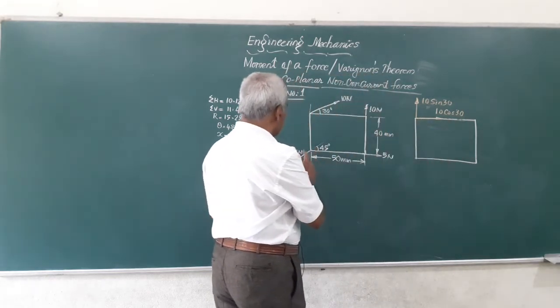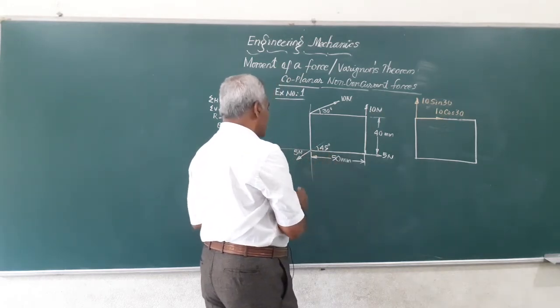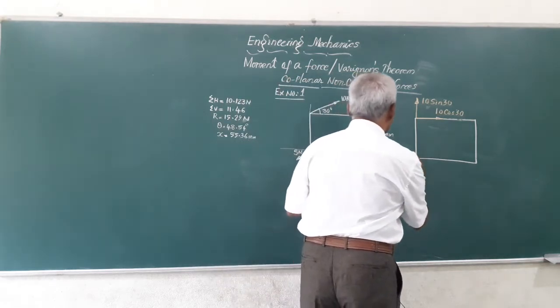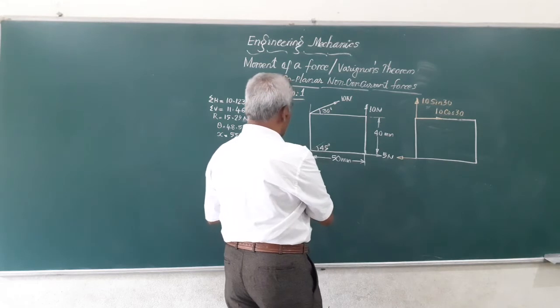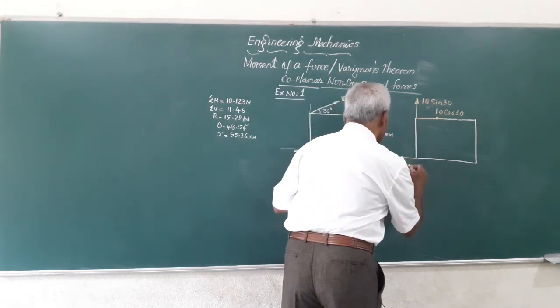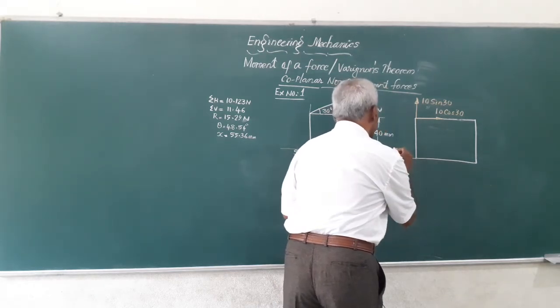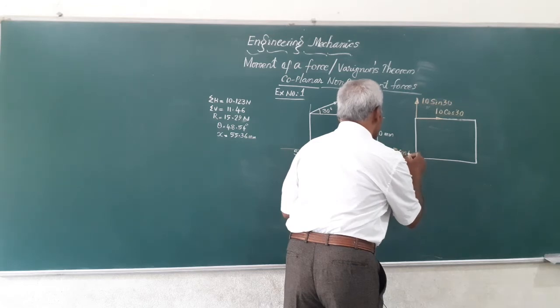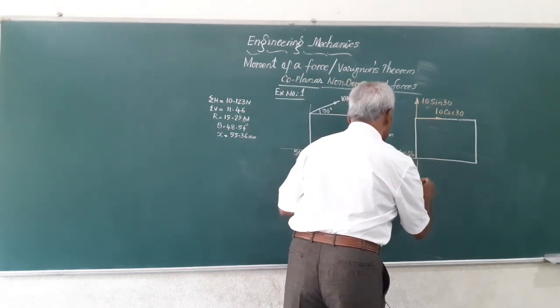Likewise, this 5 Newton is inclined at 45 degrees to the horizontal, so its horizontal component is 5 cos 45 and the vertical component is 5 sin 45.